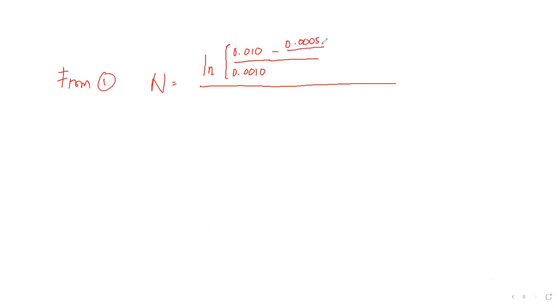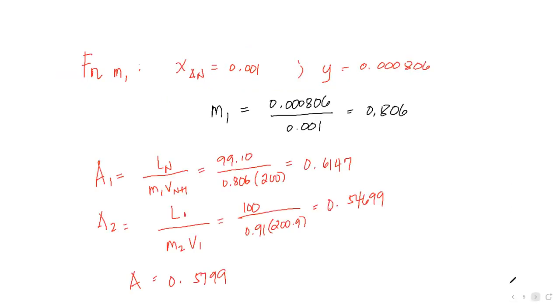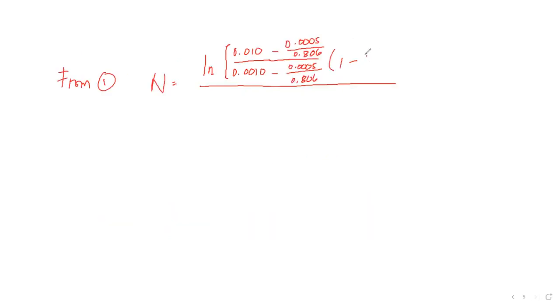Divided by the m, the lesser of the two, minus 0.0005 divided by 0.806. Then we will multiply it with the geometric mean, 0.5799. 1 minus 0.5799 plus 0.5799 based on formula.